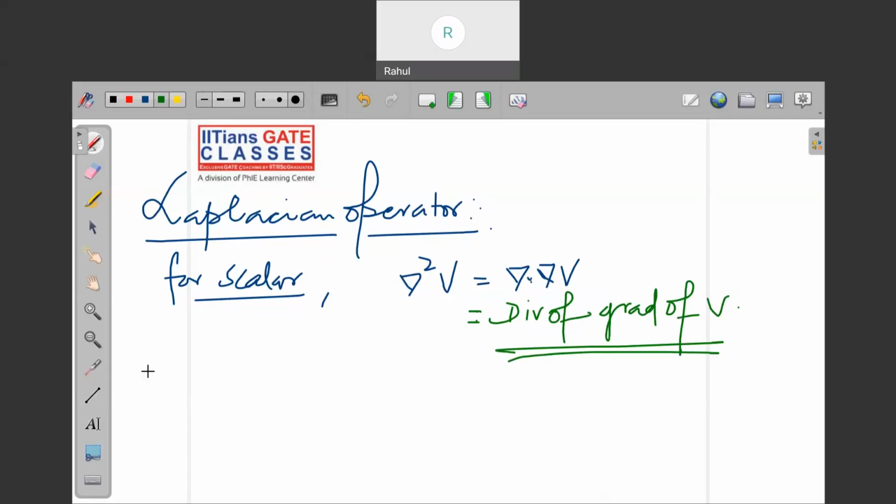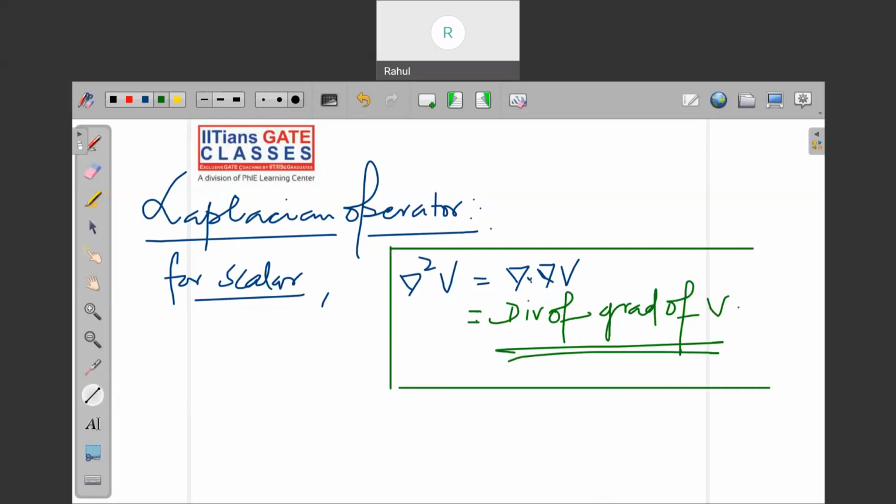So please keep this in mind. This is the Laplacian operator: divergence of gradient of a scalar.